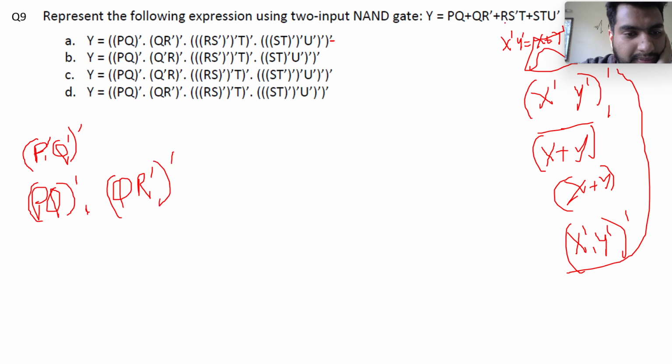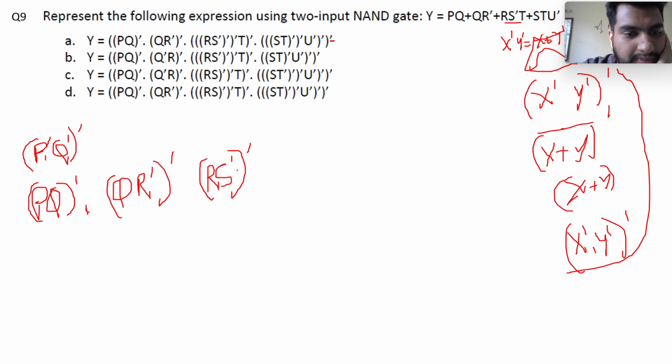And now we have RS complement T, but we have only two input NAND gates available. We don't have availability of a 3 input NAND gate. So first I will do the individual NAND operation and then I will complement it. So we have RS complement, I first write this RS complement, and then I'll complement it.